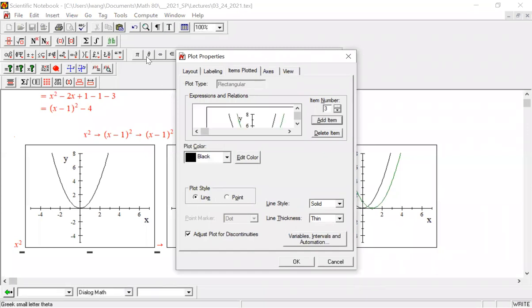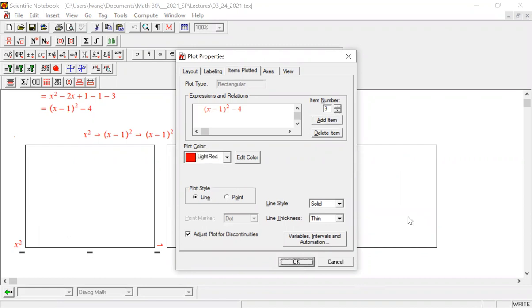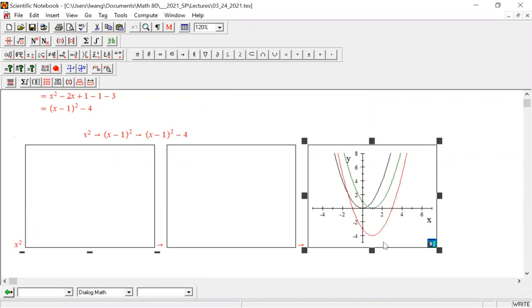Let me make it red. That's our final curve. So tell me, what is the vertex? Can we identify the vertex? That's question number 5.